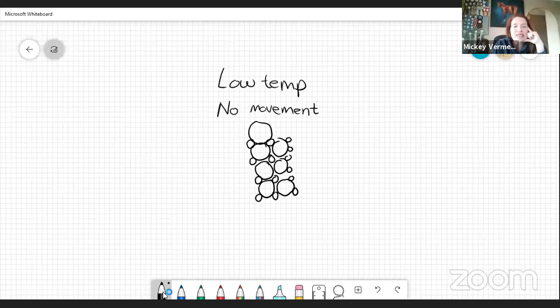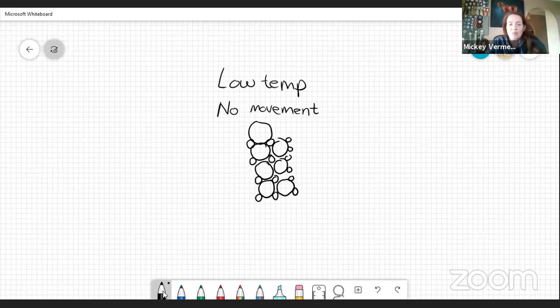So these little molecules only vibrate. Now, I come and I put energy in. So what ends up happening, because I'm putting energy in, is I am making these molecules move faster. And now the problem is that this molecule, as it starts moving faster and faster, can't be stuck to that molecule.